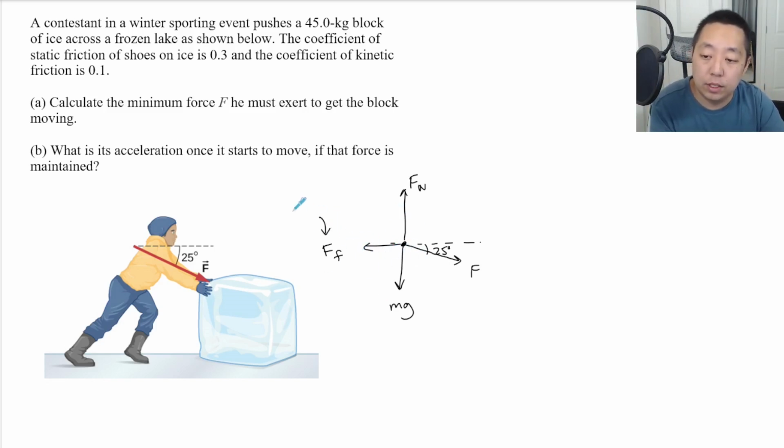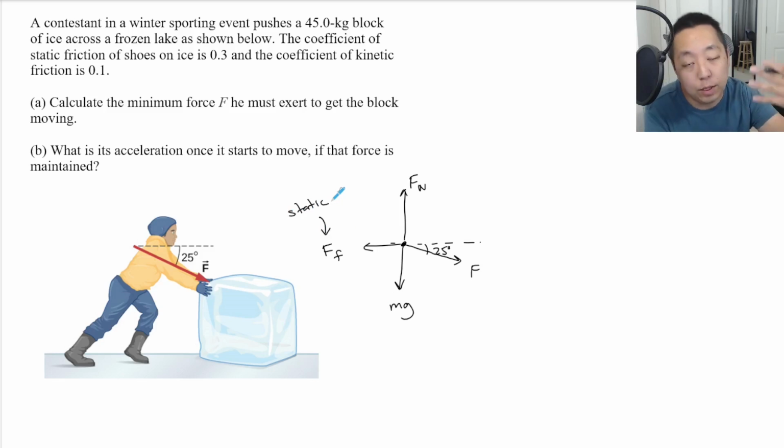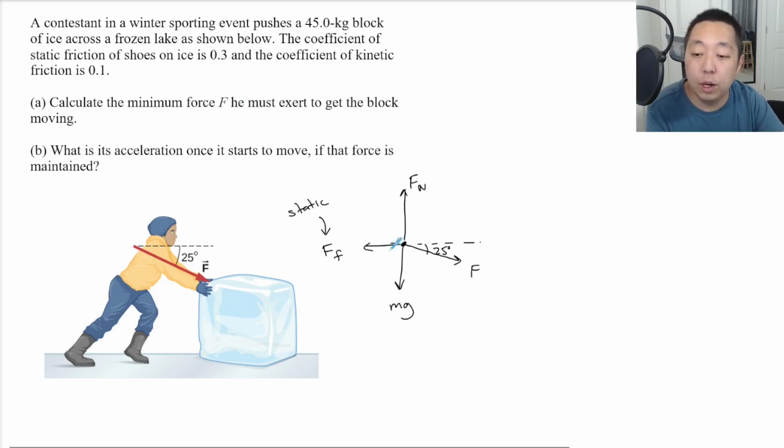All right, so this is static friction in this case because I need the minimum force. I need to overcome the maximum static friction before it starts to move. Now we have to decompose our forces in the horizontal and vertical direction. This is going to be F cosine 25 degrees, and this is F sine 25 degrees.